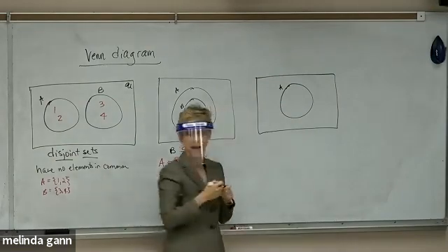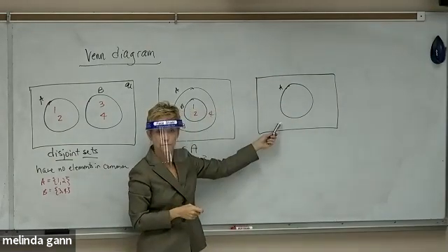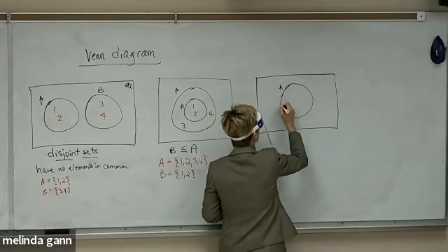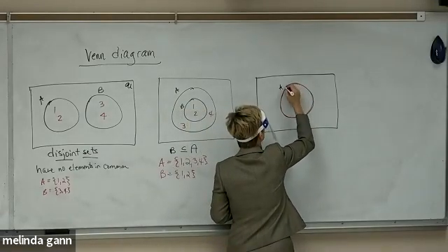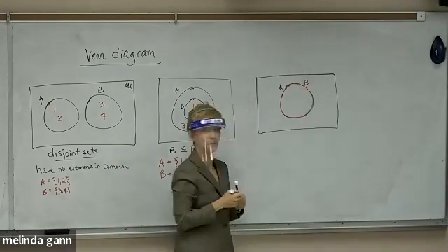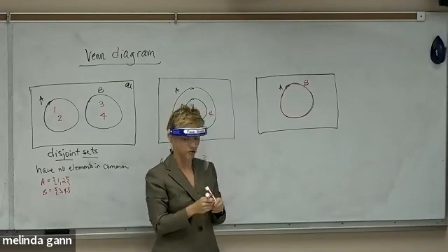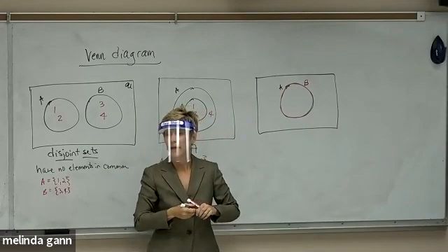All right, here's a possibility. All right, you see set A. There's set B. Where did I put set B? Right on top of what? Set A. So what do you think that's a picture of when two sets are what? Equal.